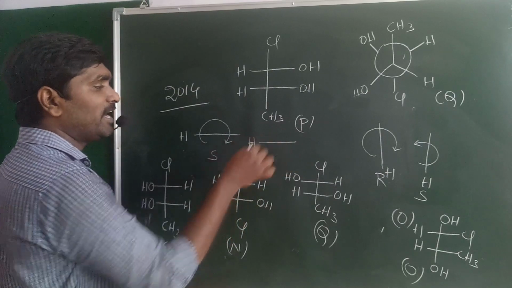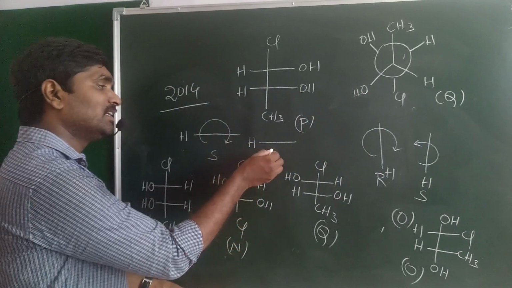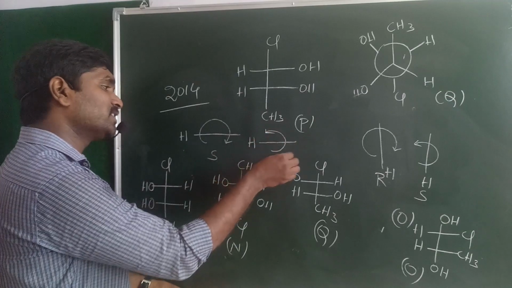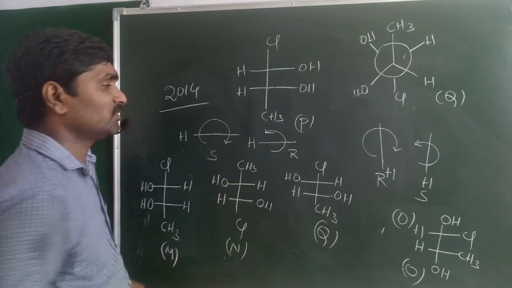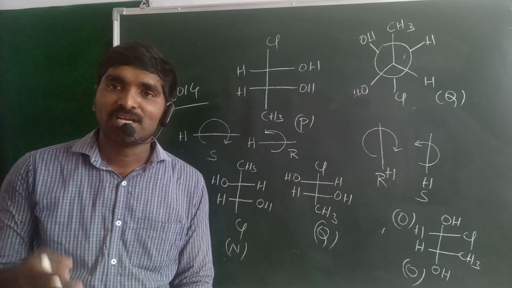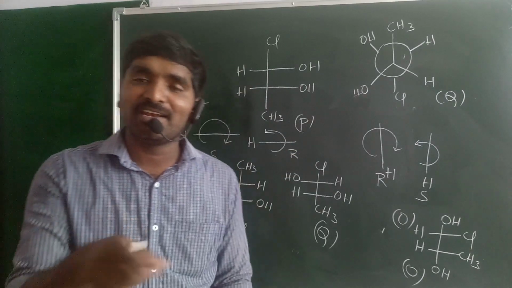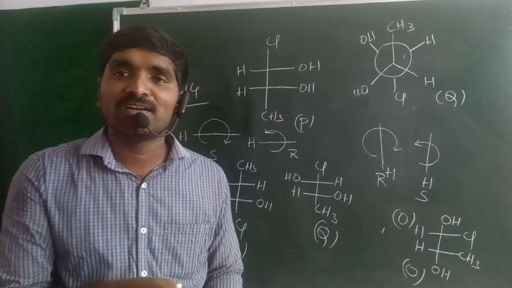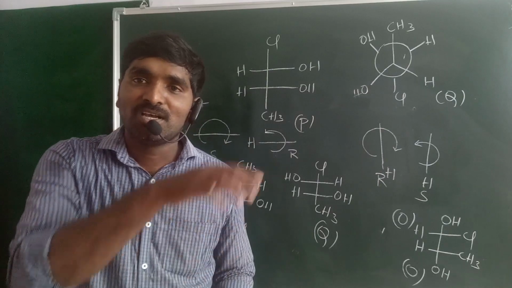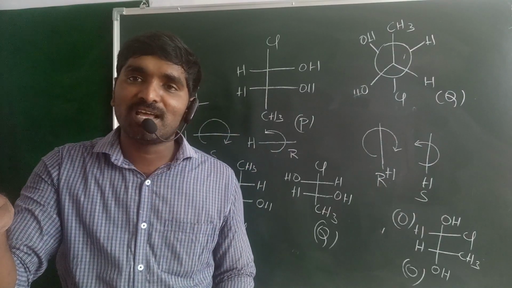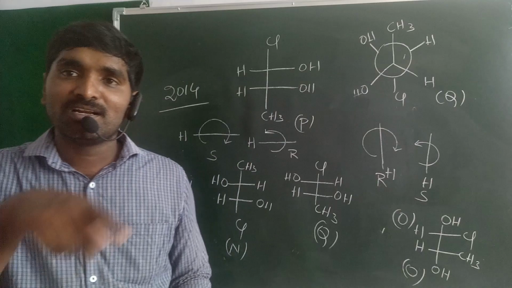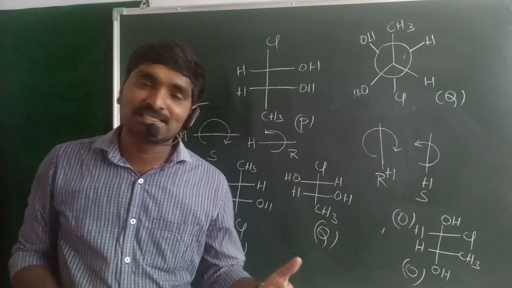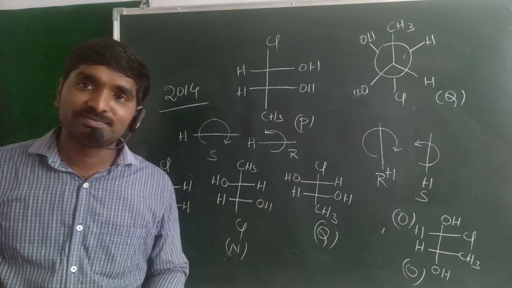When the least priority group is present on horizontal line, the remaining groups are anti-clockwise, which is the R configuration. So 4 rotations. Least priority group on vertical line, remaining 3 groups clockwise, which is R, anti-clockwise, which is S. When you have the least priority group on horizontal line, remaining 3 groups clockwise, S, anti-clockwise, which is R.